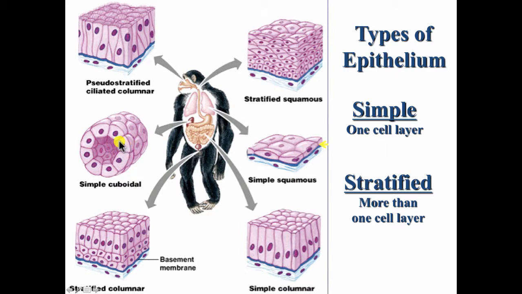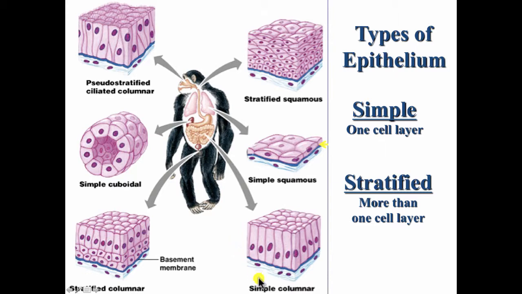This is usually seen by a round nucleus, and most simple cuboidal epithelia form tubes, as you saw in the kidney. This diagram should have a basement membrane around it, this is just obviously a mistake that the artist made.